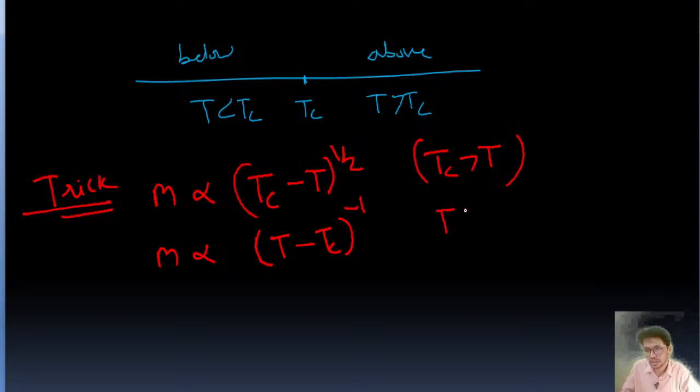This trick you need to know. M is proportional to Tc minus T to the power half if Tc is greater than T, and M is proportional to T minus Tc to the power minus 1 if T is greater than Tc. This is the trick you need to note down.